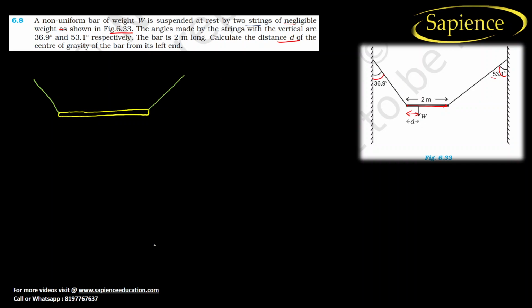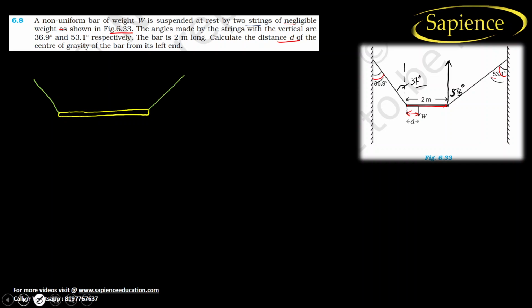If you see in the figure, this angle is the same as 36.9, so we can also consider it as 37 degrees, so it will be better to use and we may get proper values. And this is 53 degrees, so this is also 53 degrees.